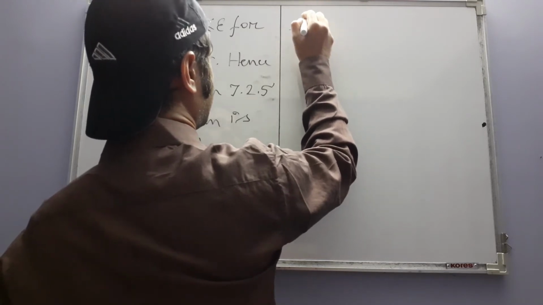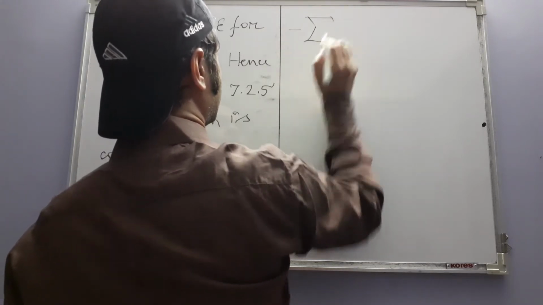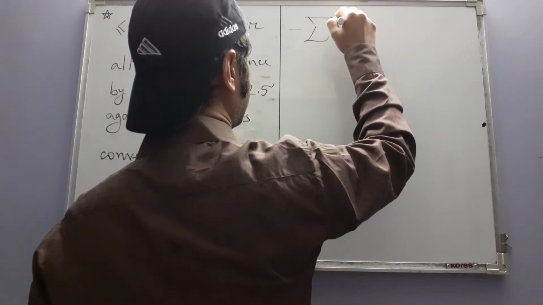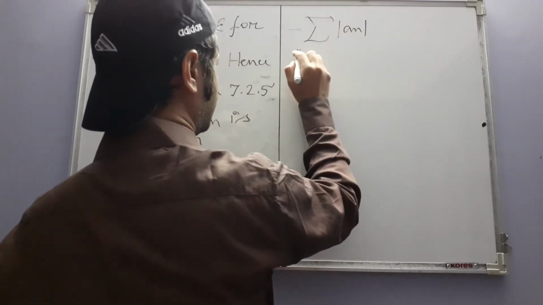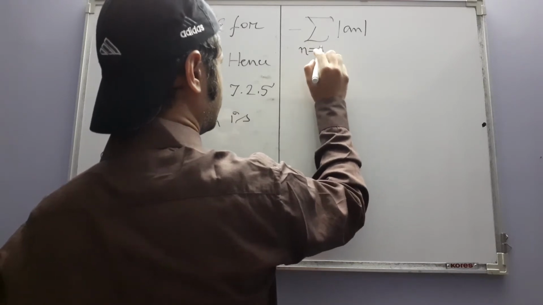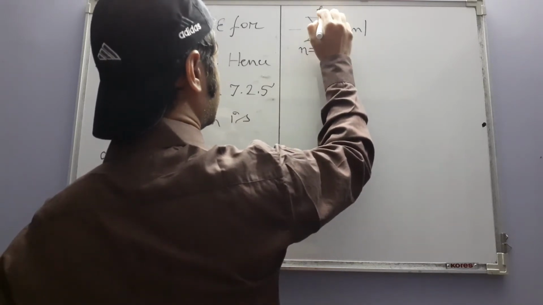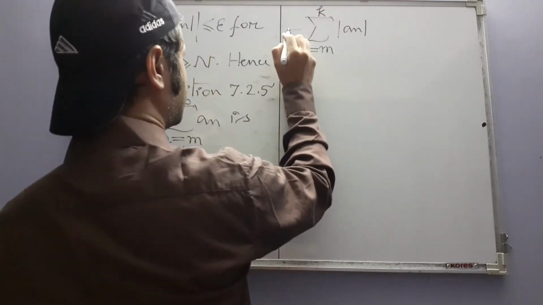Minus summation absolute value of an where n varies from m to k.